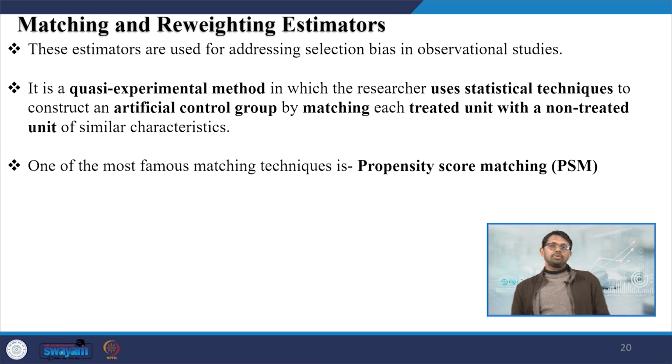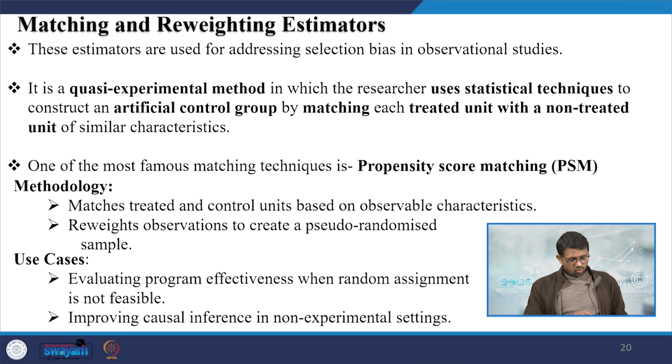Another post-experimental technique is called matching and reweighting estimators. These estimators are used for addressing selection bias in observational studies. It is a quasi-experimental method in which the researcher uses statistical techniques to construct an artificial control group by matching each treatment unit with a non-treated unit of similar characteristics.